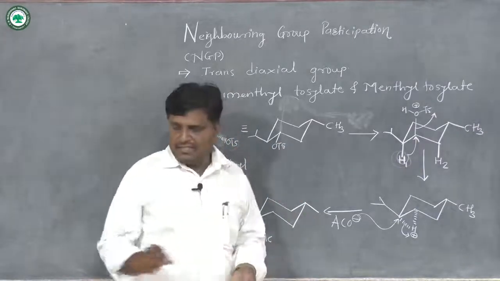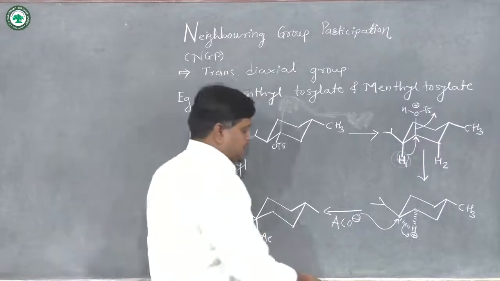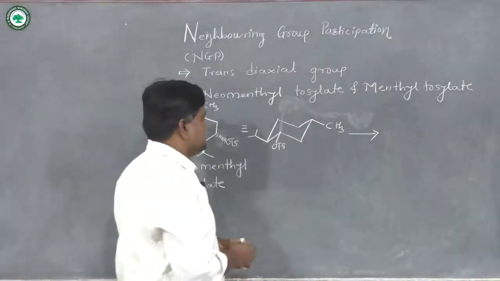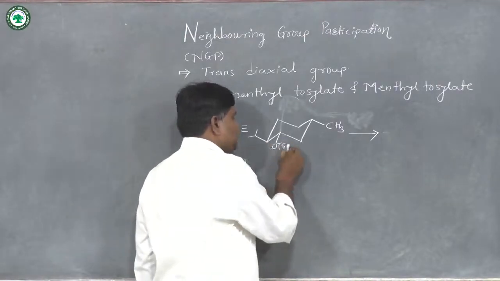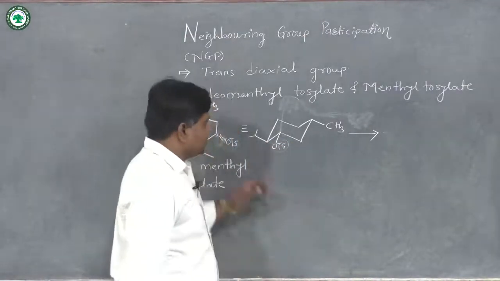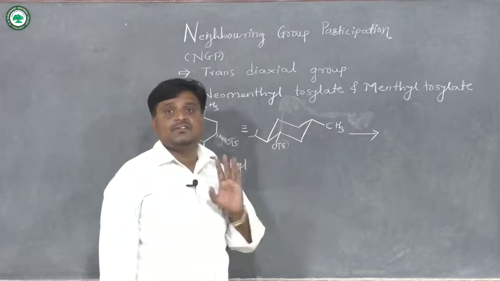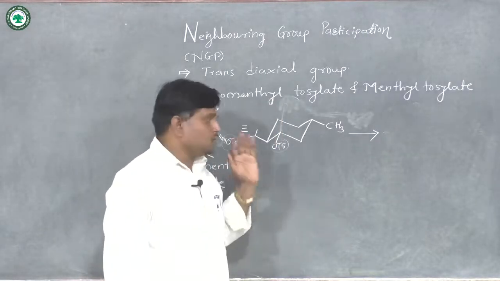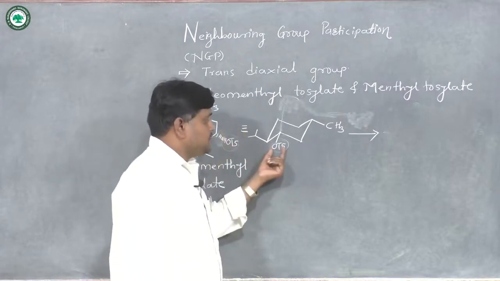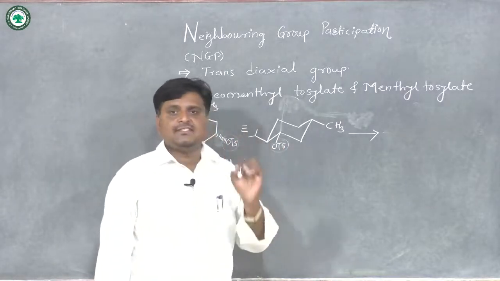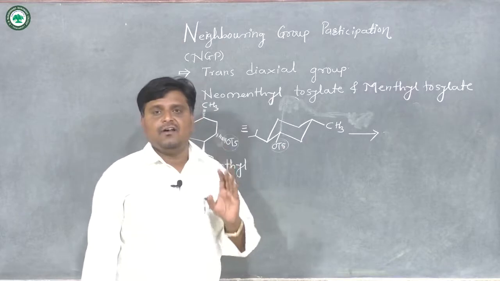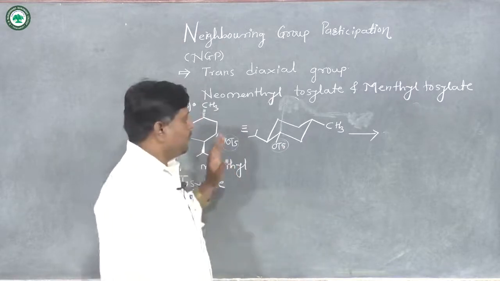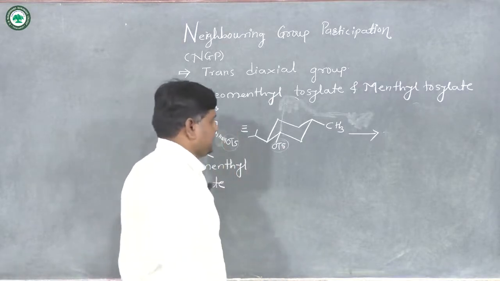Now in this case there is a bulkier substituent which is a good leaving group, but it is not present at the axial position, so that leaving group does not fulfill our elimination requirement for such cases.